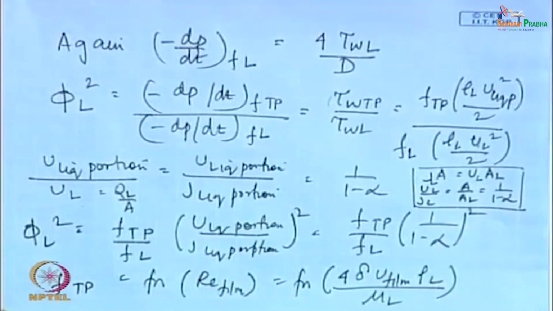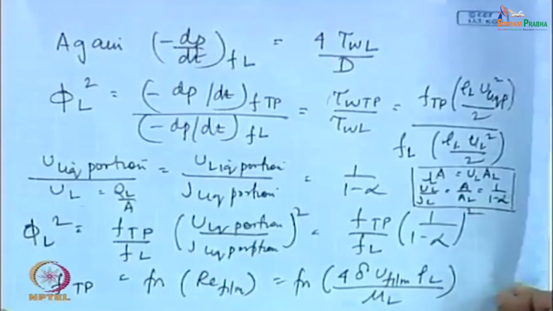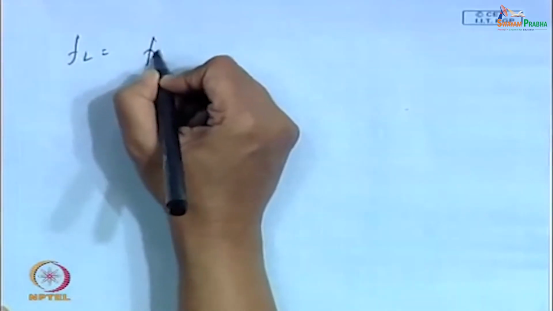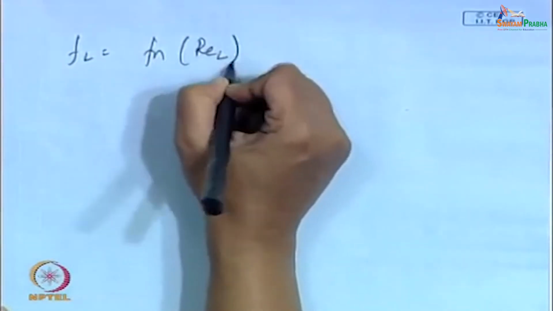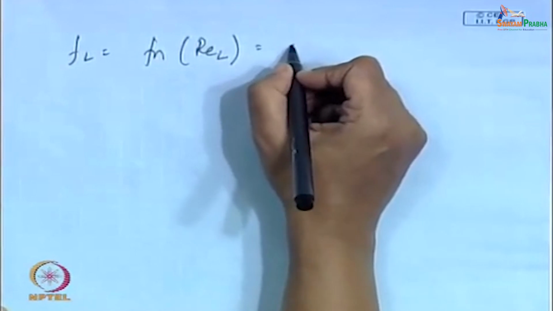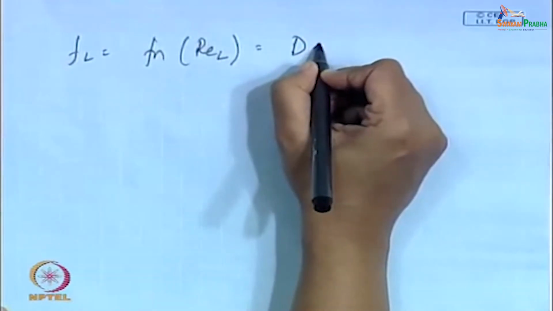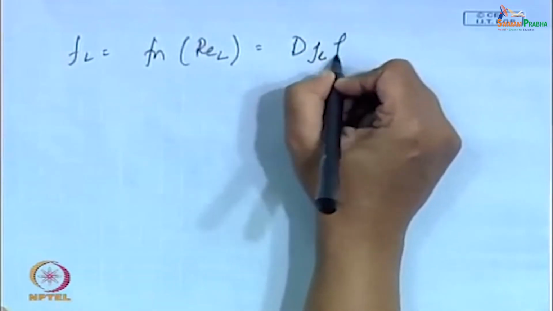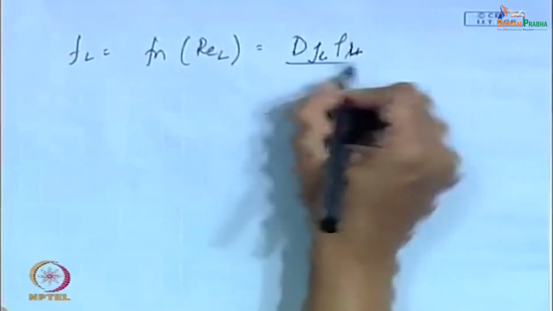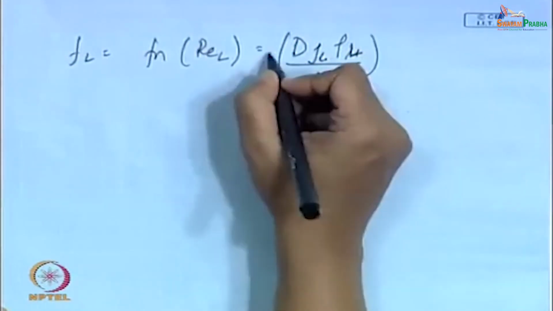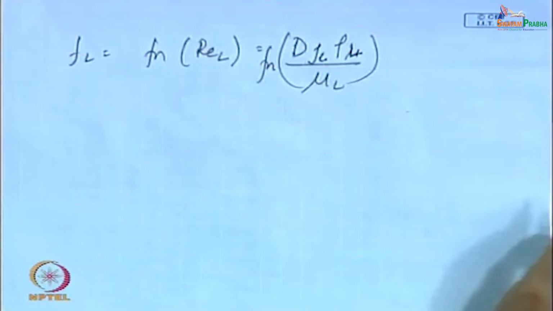rho liquid by mu liquid. Do you agree with me? And what is this FL equal to? FL is a function of REL, so this is equal to D, if I take it as JL rho L by mu L, yes or no?